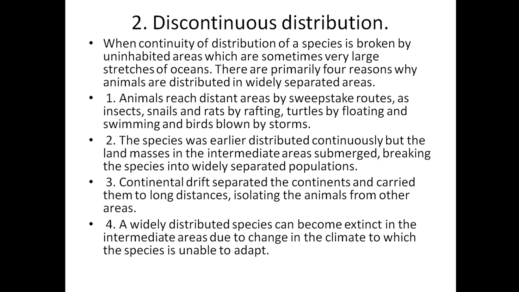There may be some intermediate areas which might have got submerged. When the intermediate area is submerged, many species cannot cross over by breaking the barriers. Then what happens? That becomes a widely separated population.